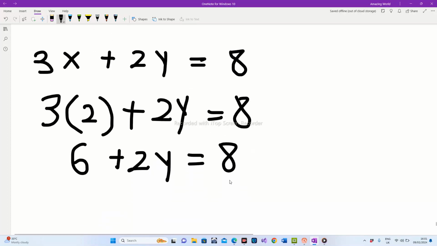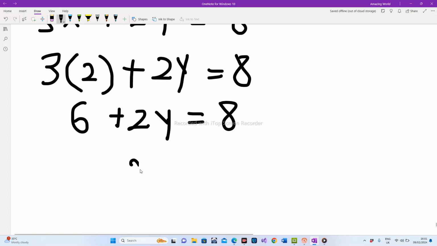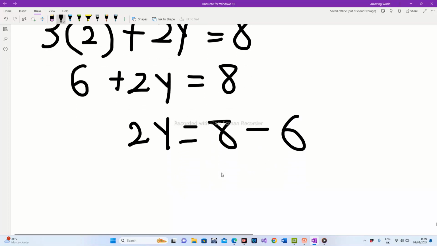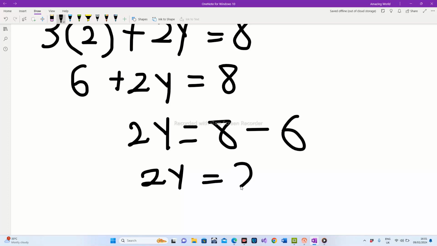equals 8. So let's go. Here we have 2y equals 8 subtract 6. I believe we understand how I got this. This positive sign, when it crosses this equality sign to go to the other side, it becomes negative. So we are left with 2y equals 2.